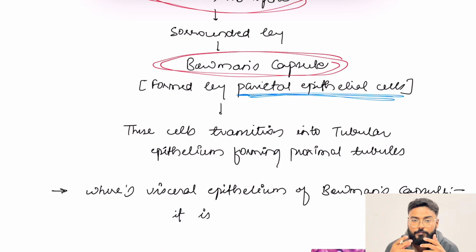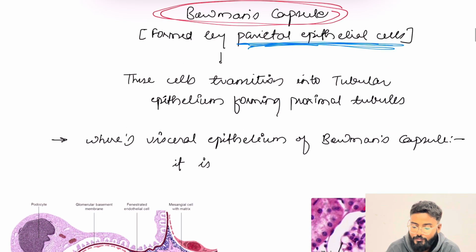Whenever we discuss epithelial cells, one is parietal, which is going to form the Bowman's capsule, and the visceral epithelium is your podocyte. This parietal epithelium is going to form Bowman's capsule, and in turn it transitions to form the tubular epithelium of the proximal tubules.